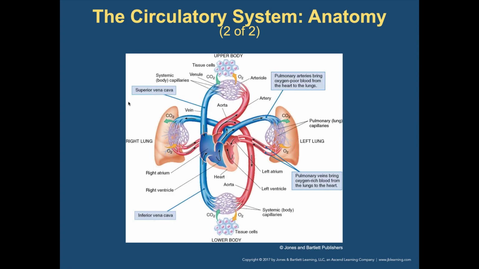So here's a very simplified layout of your cardiovascular system. Now, remember I told you that arteries carry blood away from the heart, but not necessarily oxygenated blood. Can you tell me from this picture which arteries carry unoxygenated blood and why?